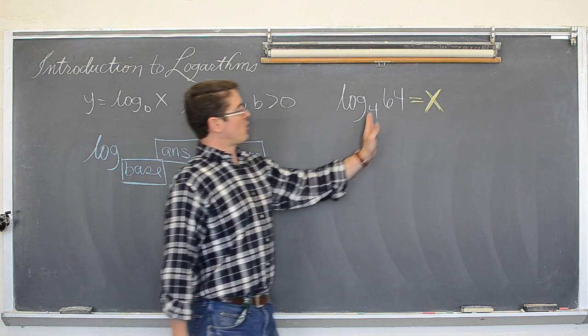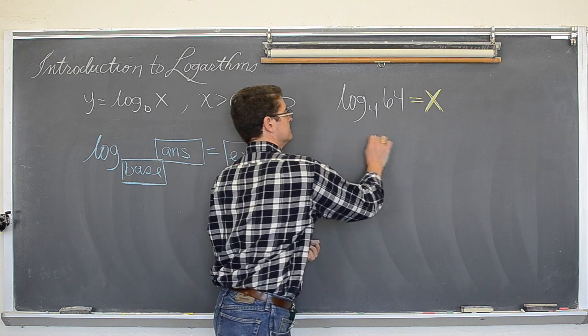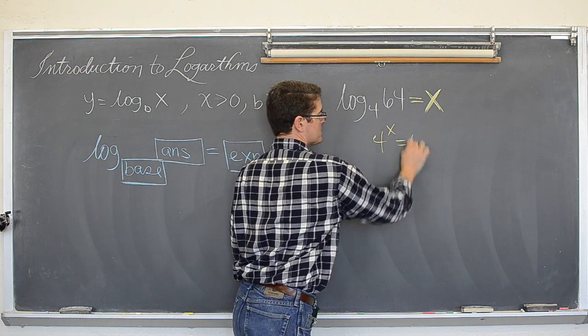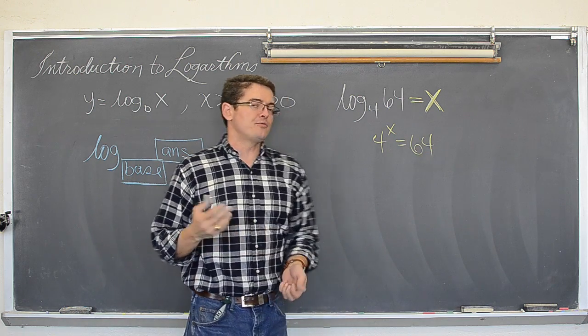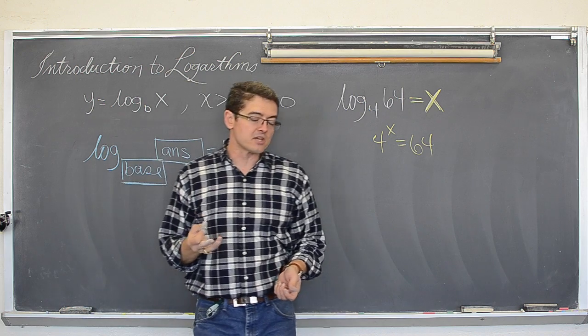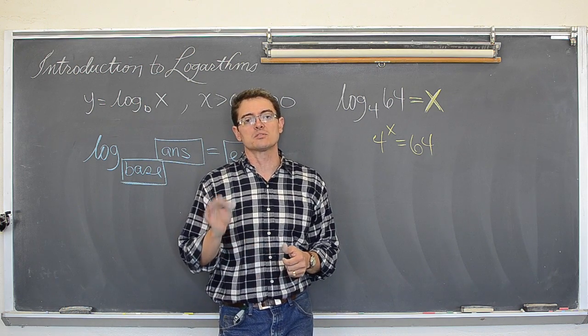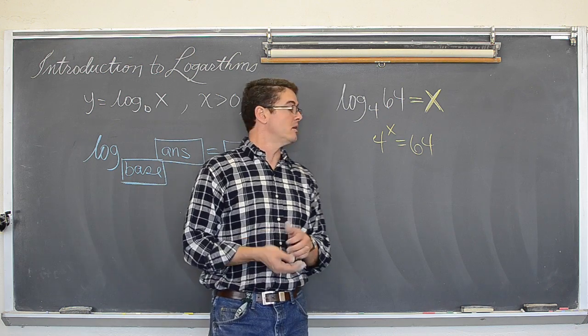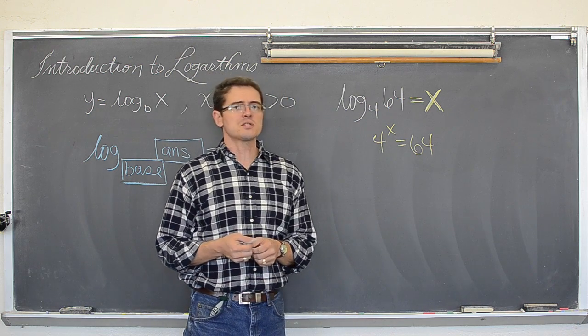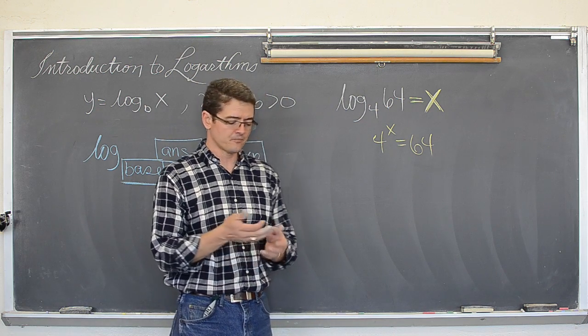So this is going to be 4 to the x equals 64. And if you're in your first logarithmic section of your textbook, they're going to be giving you questions you should be able to do in your head or without using the log function on your calculator. So 4 to the what power does equal 64?